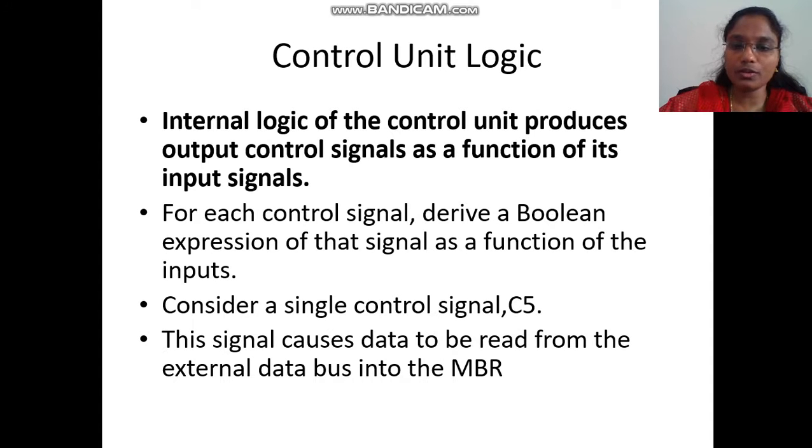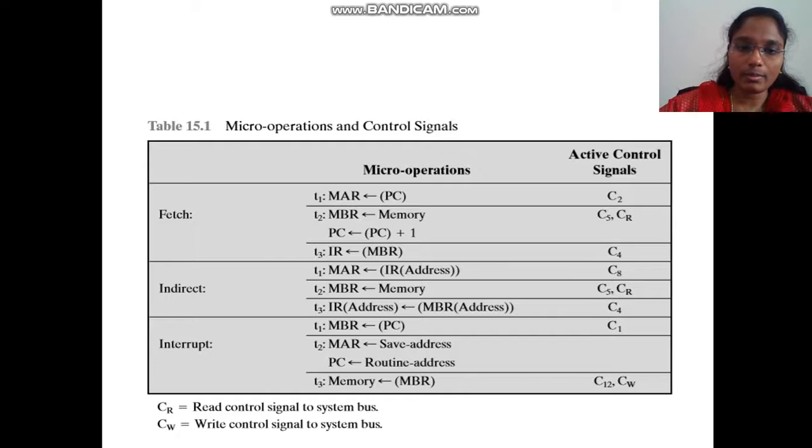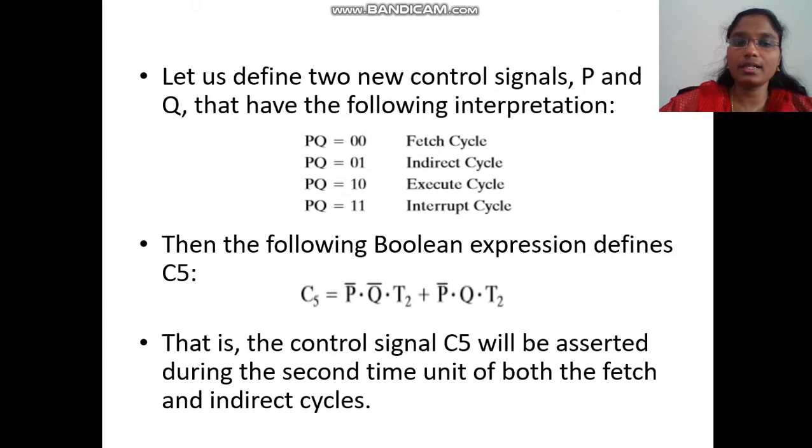What this control signal C5 does is cause the data to be read from the external memory location into the memory buffer register. The same thing happens in the indirect cycle also. For this particular control signal, we need to derive a Boolean expression.